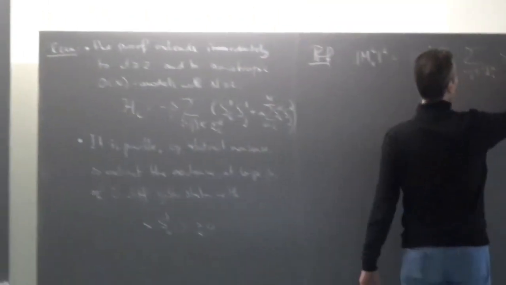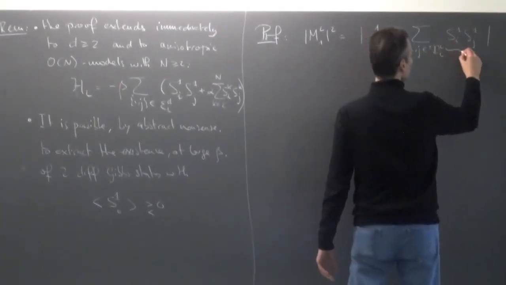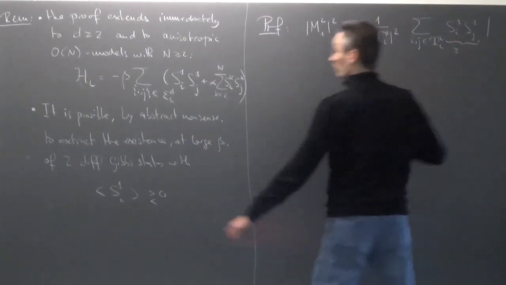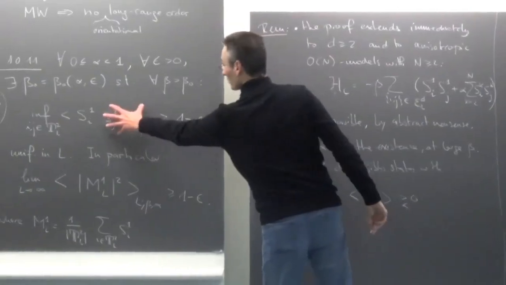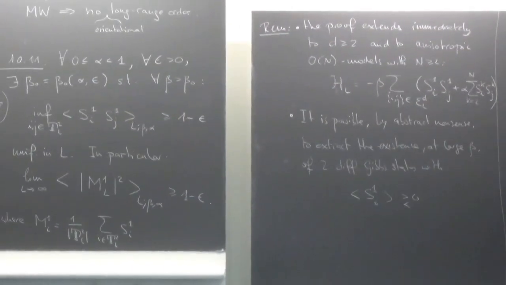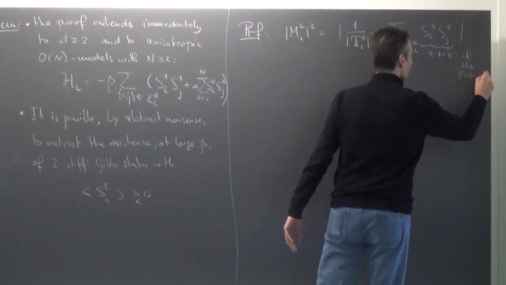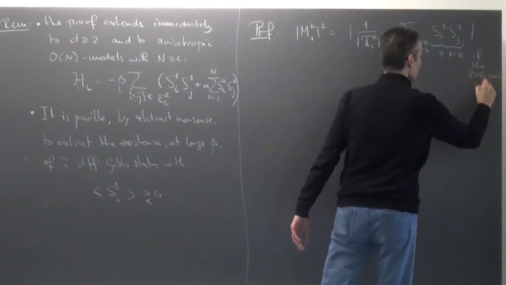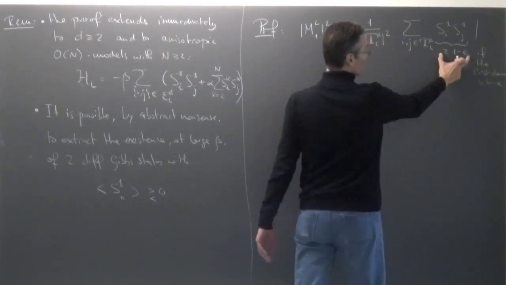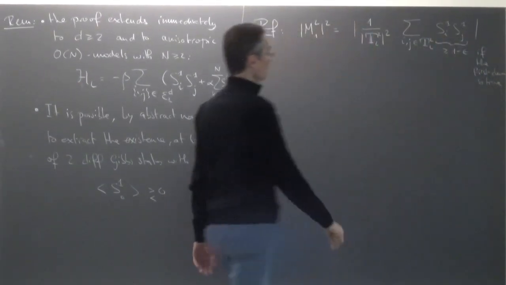Okay, and now we know that these quantities are large by the first claim. This is larger than 1 minus epsilon, if the first claim is true, uniformly in i and j, right?